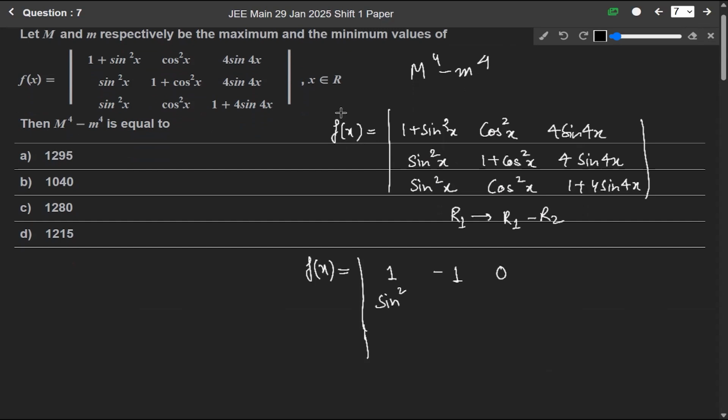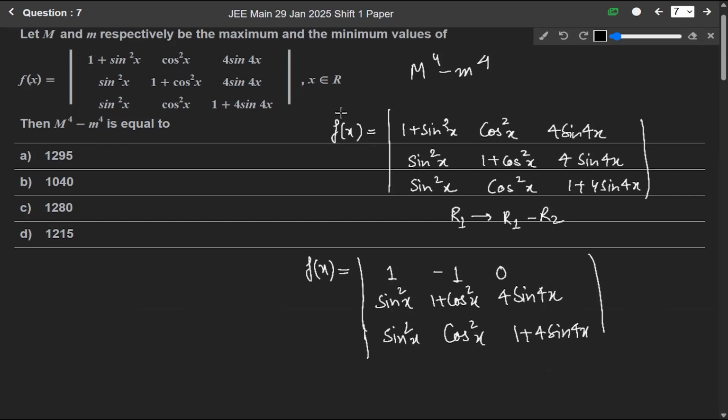The second row stays sin^2 x, 1 plus cos^2 x, 4 sin 4x. The third row is sin^2 x, cos^2 x, 1 plus 4 sin 4x.